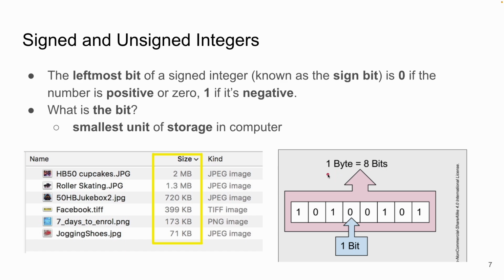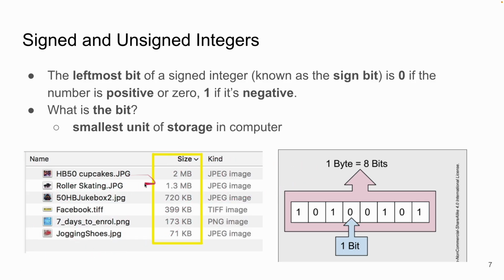Maybe some of you feel more familiar with the word byte, B-Y-T-E, because it is the meaning of the B in KB, MB, GB, and we have TB. In our computer, you may see something like this.